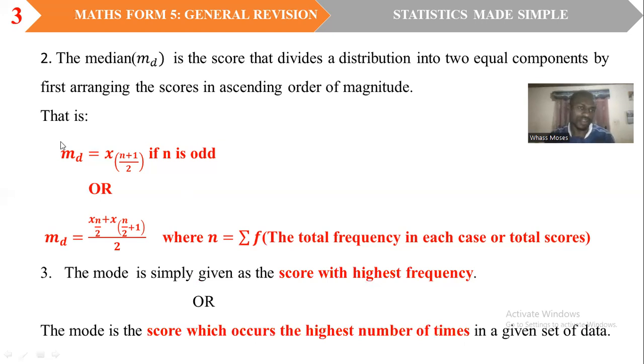So after recalling important tips on these three measures of center, which are the mean, the median, and the mode, we need to look at an application exercise to see how we can actually apply these concepts to GCE problems. So we'll look at how we can actually solve GCE questions related to these three concepts.